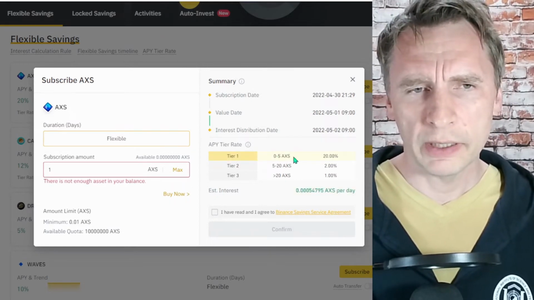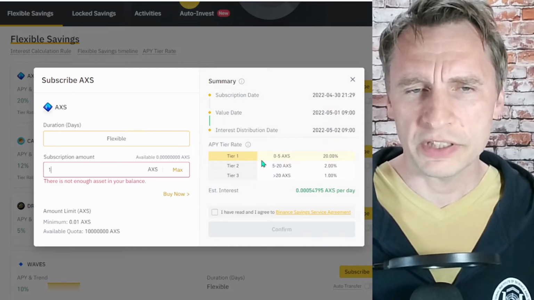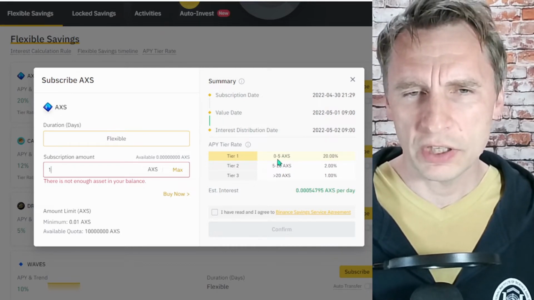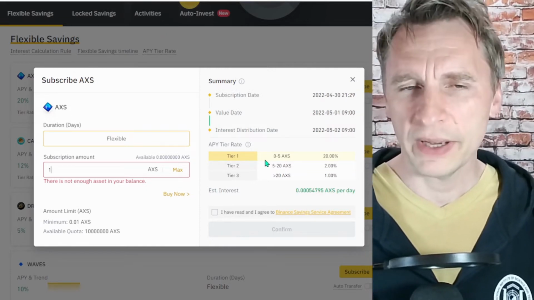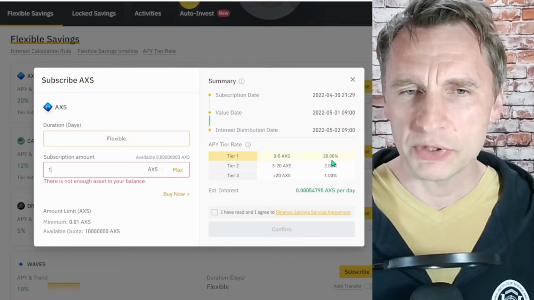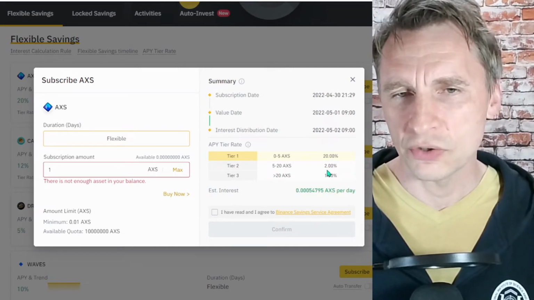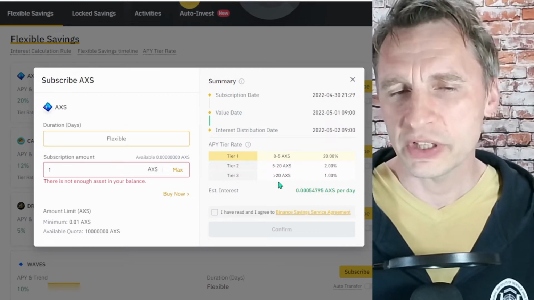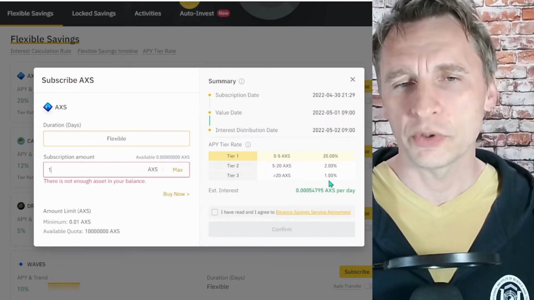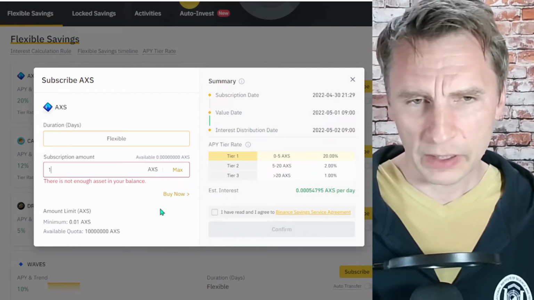In the flexible savings, depending on the amount of AXS you want to save, if you notice here, if you enter an amount of up to 5 AXS, you will receive a 20% return. If you were to save 5 to 20 AXS, your return drops drastically, only to 2%. And then if you're saving over 20 AXS, your return would be only 1% for the year, which is minuscule.